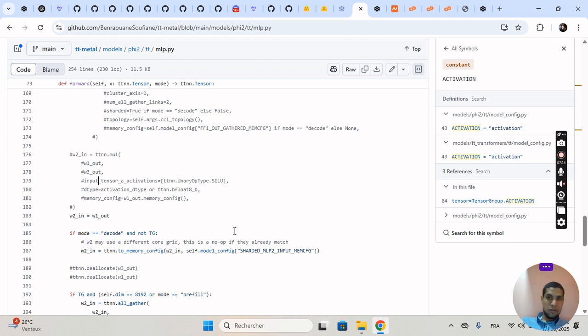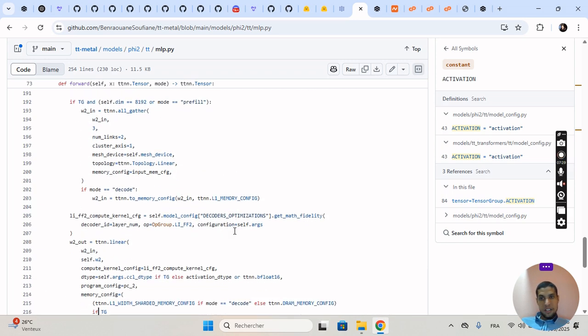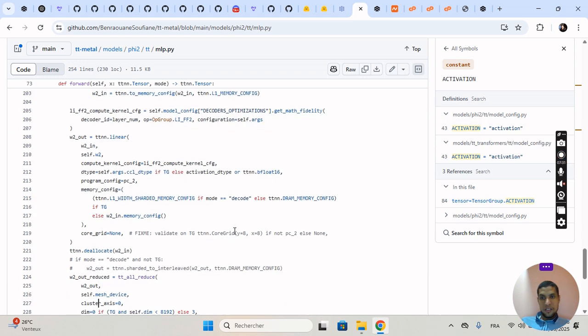There is no need for multiplication because you have only two layers. Then linear, as I said.